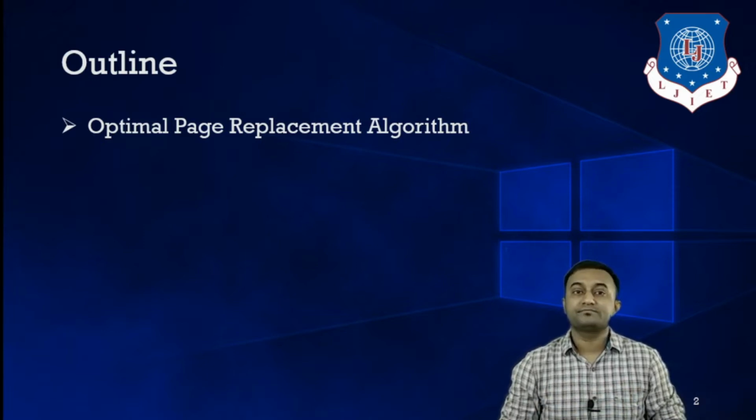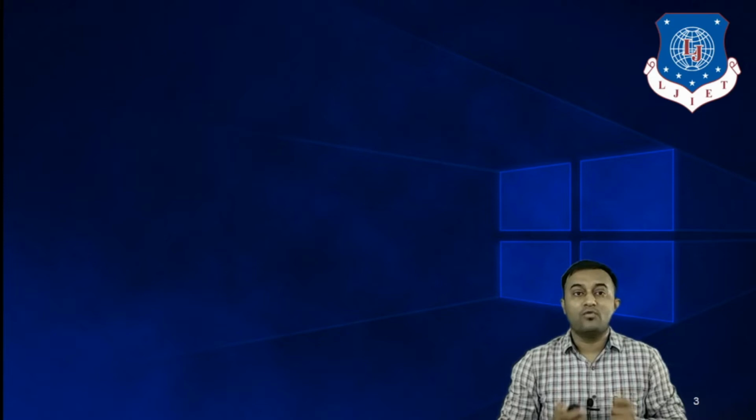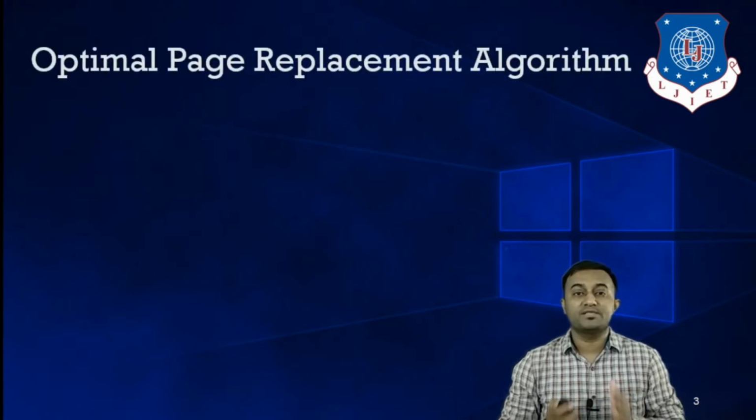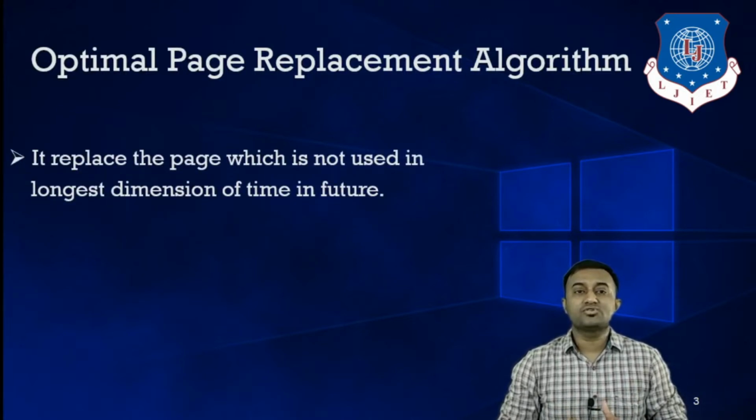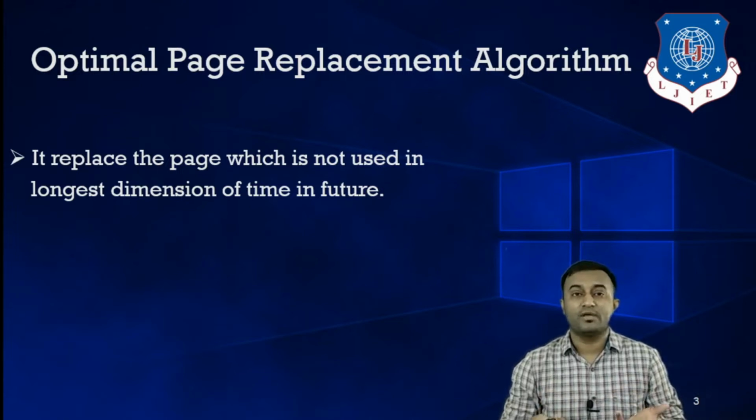Let us see. We are going to discuss the optimal page replacement algorithm with the help of one example. How does the optimal page replacement algorithm work? When we are talking about page replacement, which page needs to be replaced? That is the main significance of the different types of page replacement algorithms.